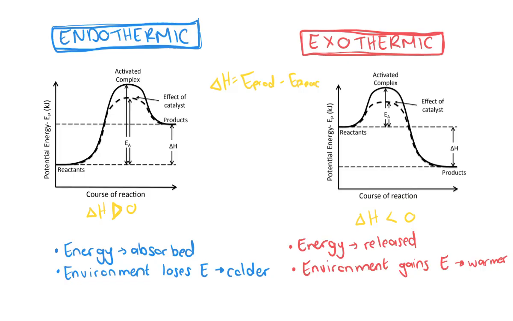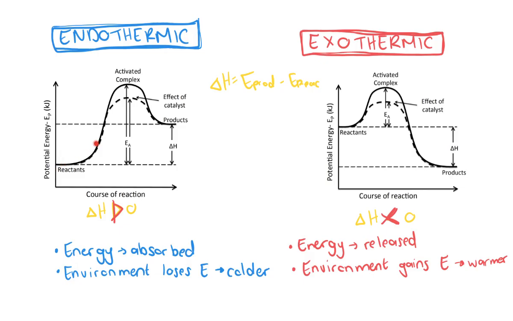But if I can make it right like that, and then I just put a D there. And if I have an exothermic reaction, my delta H will be smaller than 0. So all I do is I extend this. Exothermic reaction.